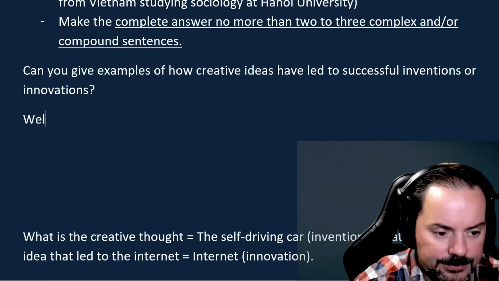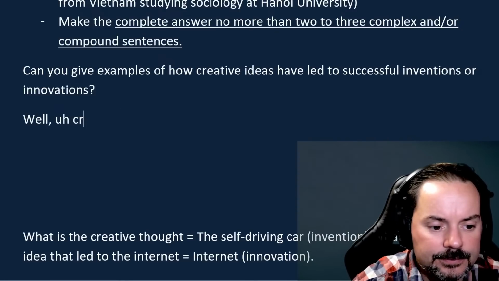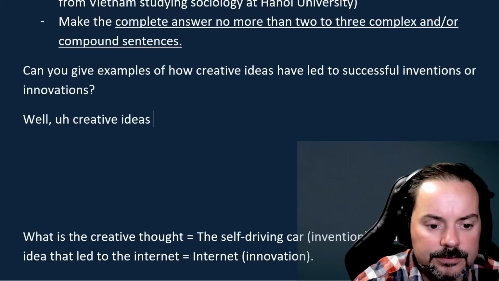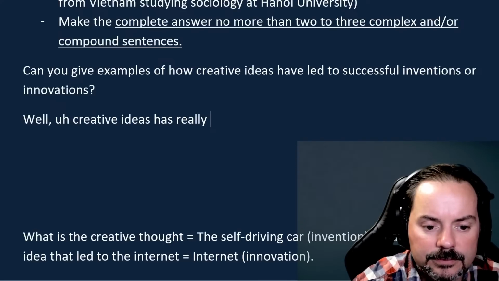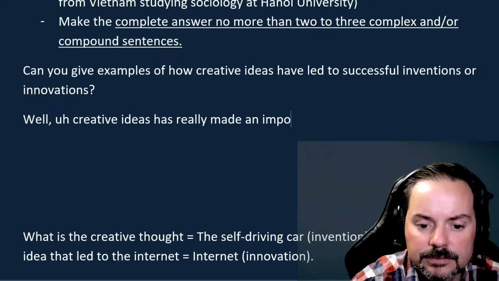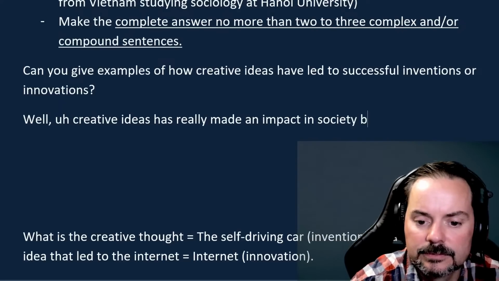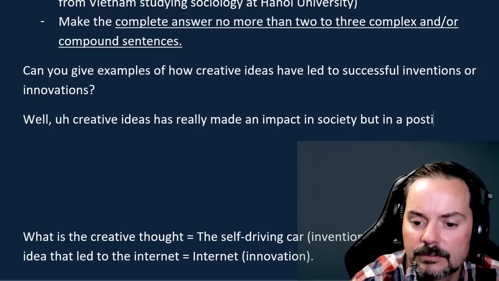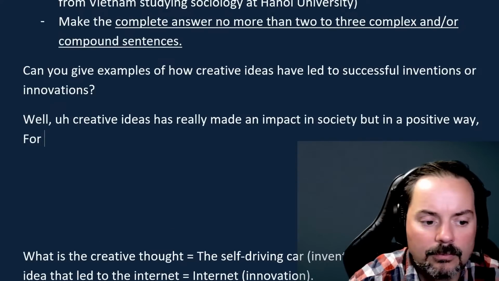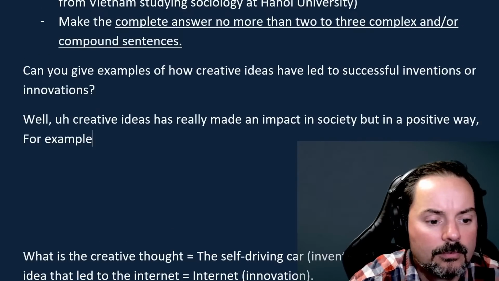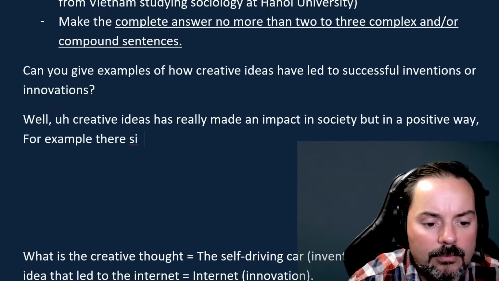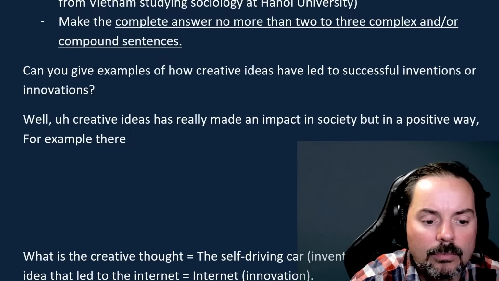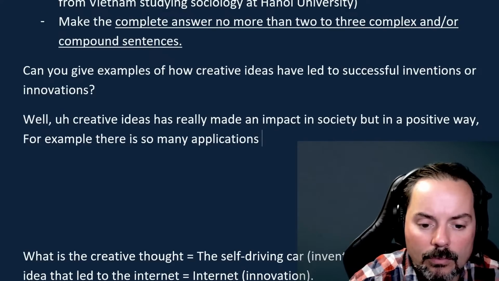Well, creative ideas have really made an impact in society, in a positive way. For example, when we look at applications nowadays, there are so many applications in the market. For example, for shopping, for buying online, those applications have made our life easier.